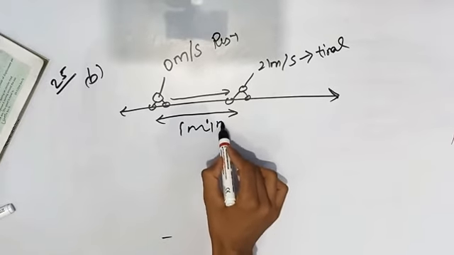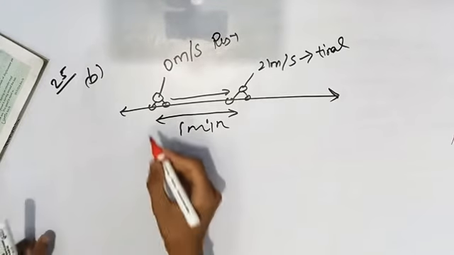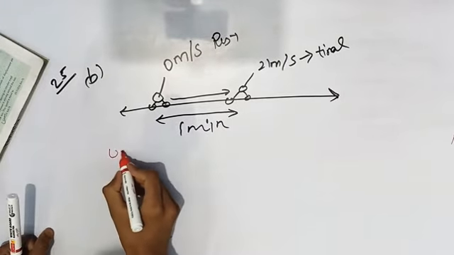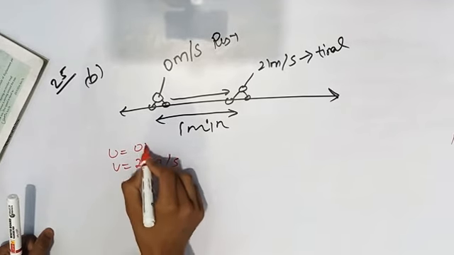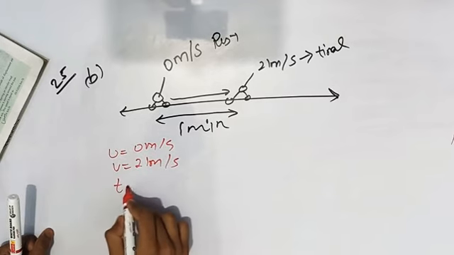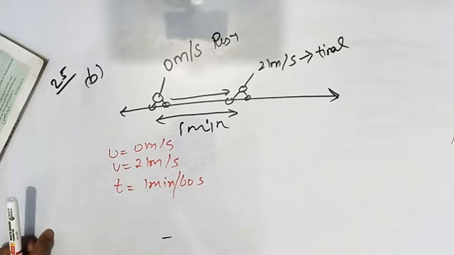So we have to find out the acceleration. The formula of acceleration, you know, is V minus U upon T. So U is 0, V is 21 meter per second, and the time taken is 1 minute, or we can say 60 seconds.